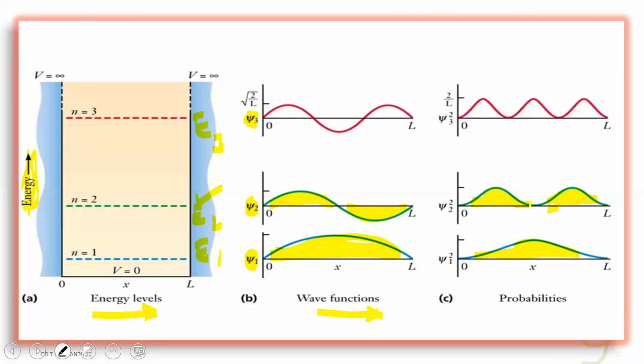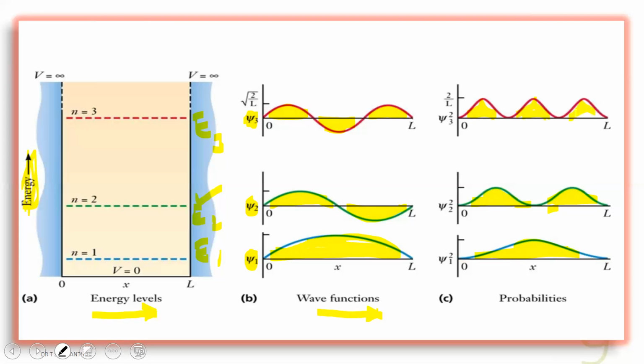Similarly, for psi 3, it is observed that the probability of finding a particle is minimum at x is equal to 0, at x is equal to L by 3, and at x is equal to L. In the remaining parts, the probability is maximum.